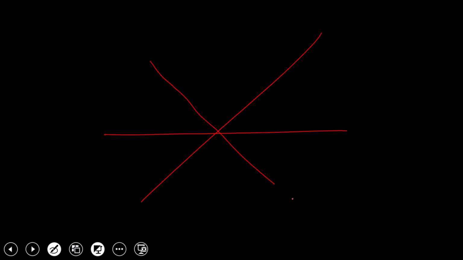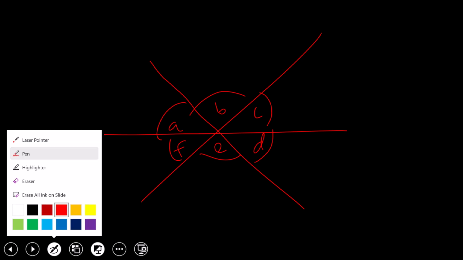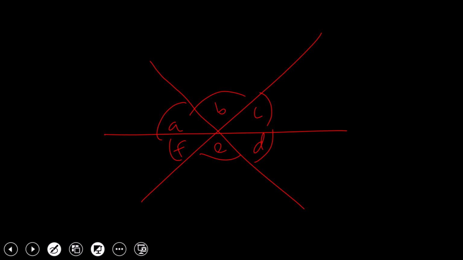So if I have a diagram like this, and I have this angle as A, this is B, this is C, this is D, this is E, and this is F, then I can say that angle B and angle E are vertically opposite.